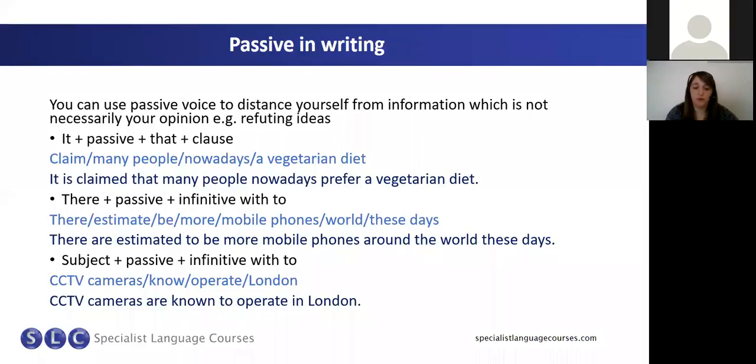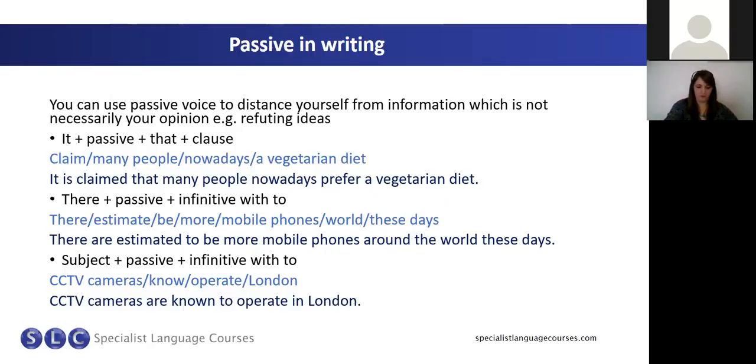So you have three clear structures that you can use in your task 2 writing to offer opinions and to distance yourself from the information. There are other verbs you can use as well, but these are some of the more common ones.